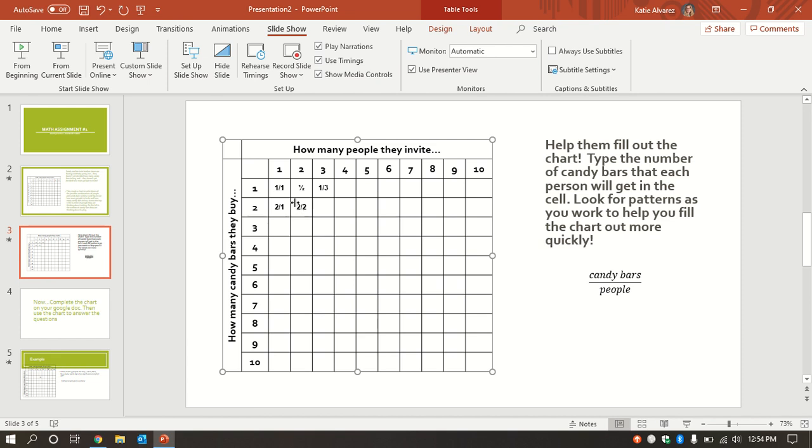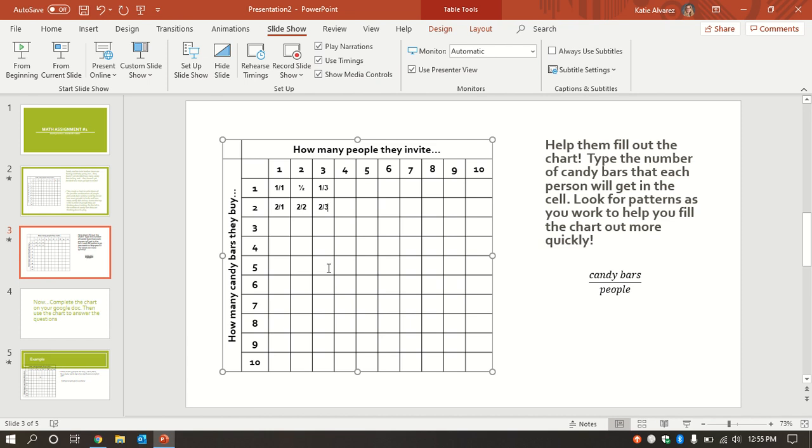You can see this fraction, if you were to simplify it, would be simplified to 1. But we're not going to worry about simplifying just yet. Now here's where it changes. You still have 2 candy bars, but you have 3 people. You're going to take those 2 candy bars and divide them between 3 people. So each person gets 2/3 of a candy bar. And then you would continue down the row.